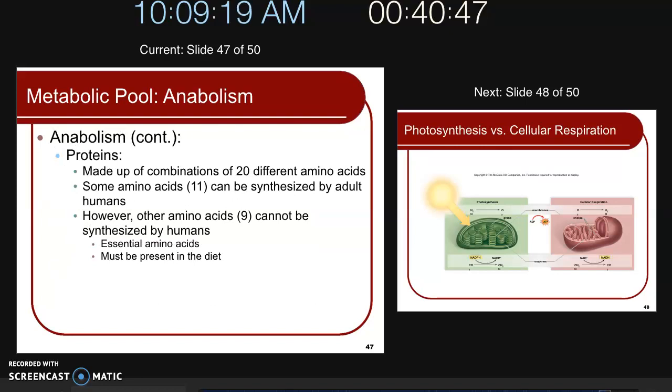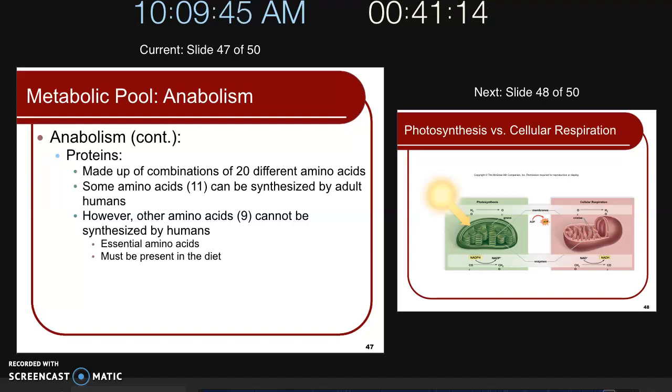Anabolism, or the building of proteins. Okay, this is kind of a lead into a different lecture, but proteins are made of a combination of 20 different amino acids. All right, remember that. 20 different amino acids make up proteins. That's it. Whether you're a human, whether you're an oak tree, we have 20 different amino acids. Some of these amino acids, 11, this is important, can be synthesized by adult humans.